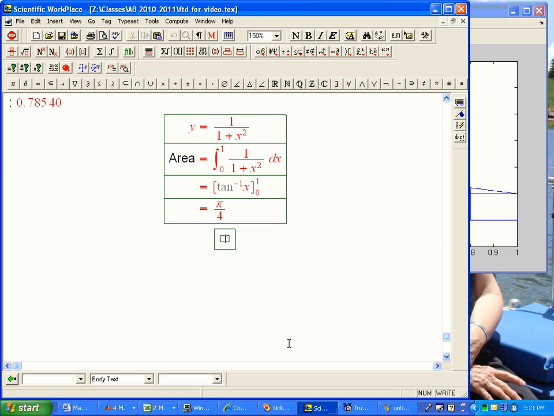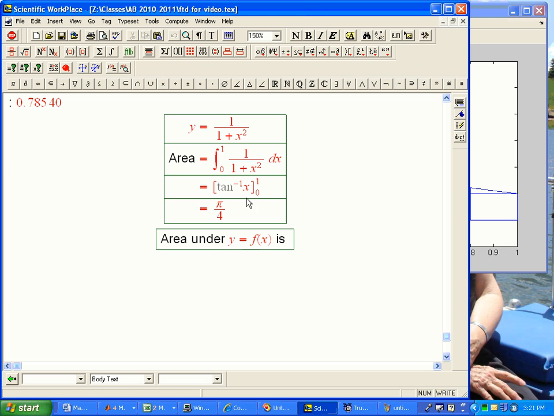And so the upshot is that the area under any curve y equals little f of x, and we're going to have to modify this a little bit, is, well, let's see.